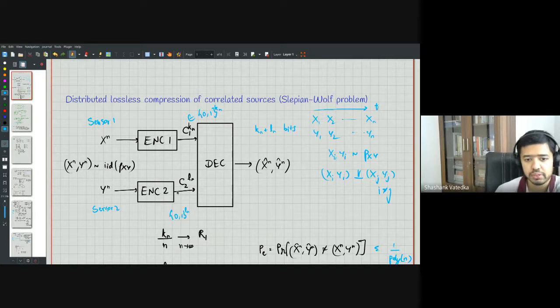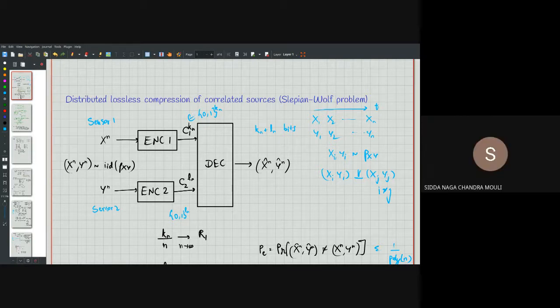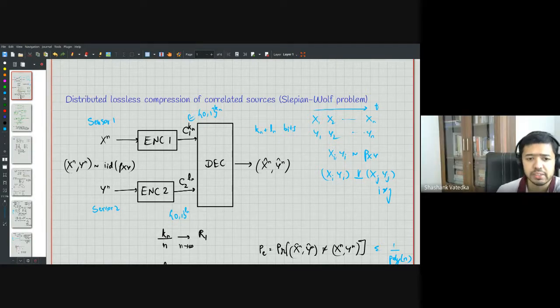You're going to use this pxy to design the codebook and to design the decoder. So this is known beforehand. And one way to know it is to estimate it. You just observe some pairs of sequences. For example, if these are two sensors deployed somewhere, then you first take a few samples, estimate what the joint distribution is, and then use this to design the encoder and the decoder.